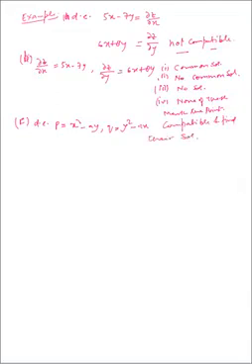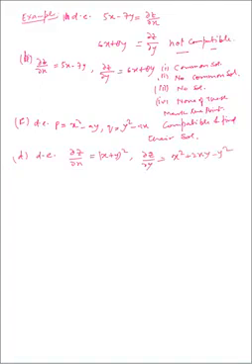Then next is D. Here differential equation is del z upon del x is x plus y square, and del z upon del y is x square plus 2xy minus y square are compatible, and solve them.